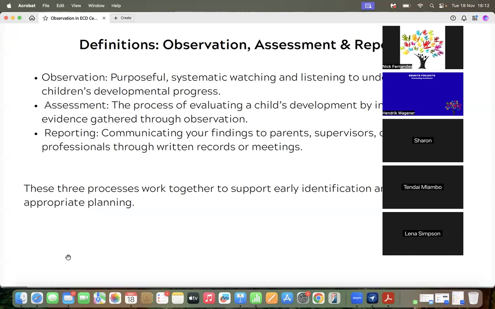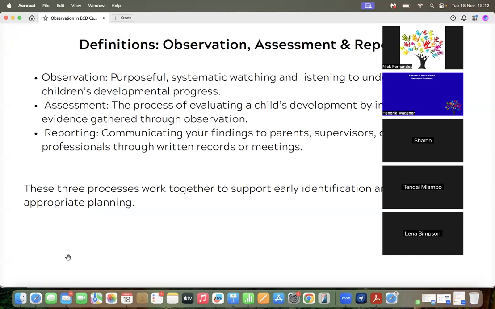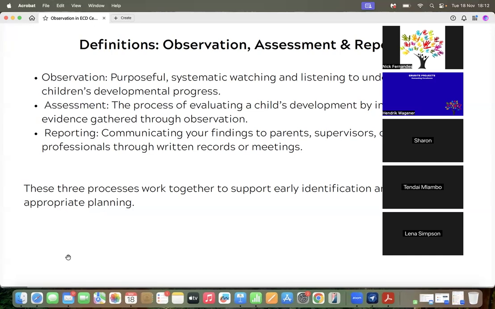Observation is a purposeful, systematic watching and listening to understand a child's development progress. Assessment, the process of evaluating a child's development by gathering information throughout the observation. Reporting, to communicate findings to parents, supervisors, professionals through written reports and meetings.